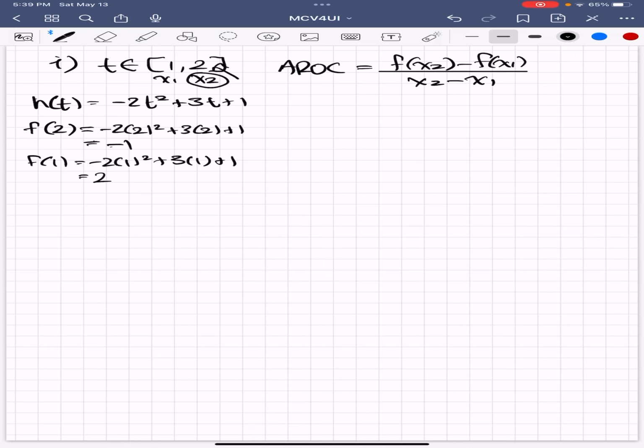As you see here, we calculated f of 2 and f of 1, so it's basically f of x2 and f of x1. Let's plug these numbers into our formula.